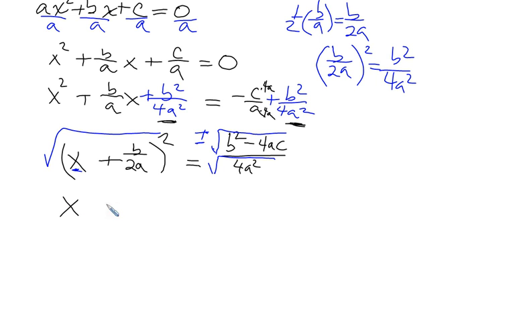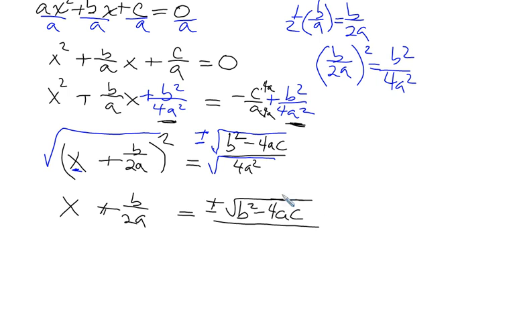And so then we have x plus b over 2a on the left-hand side, and on the right-hand side, the top won't simplify unless b squared minus 4ac was a perfect square, or it had a perfect square factor that I could take out, but it does not. So b squared minus 4ac is left in there, and it's only over 2a.